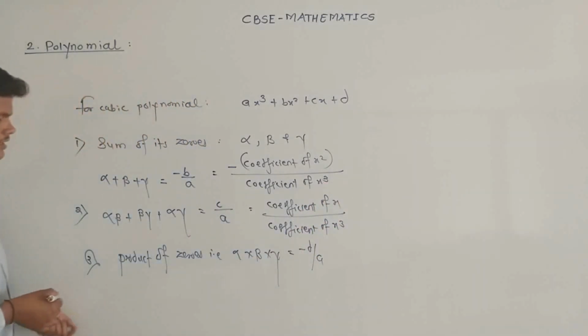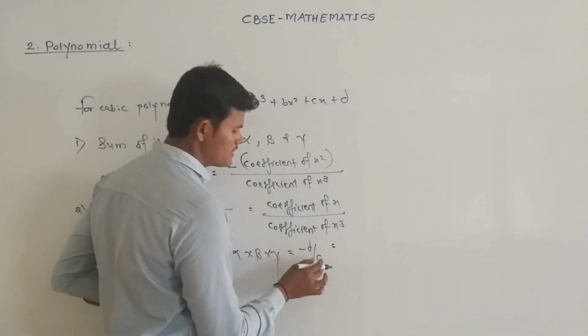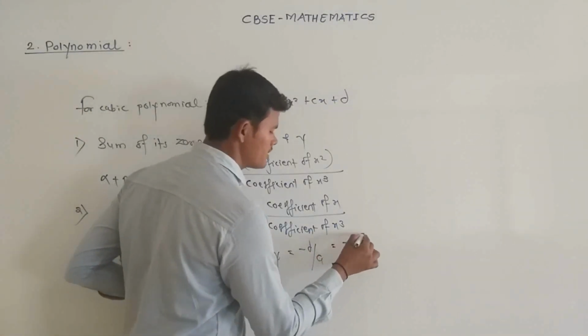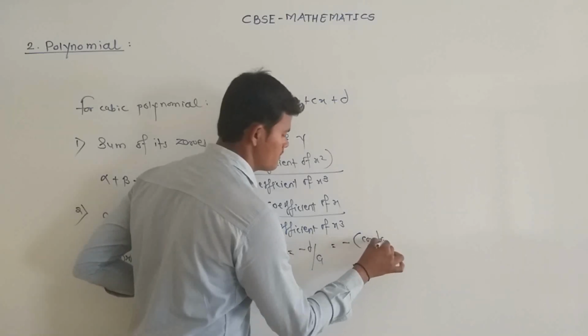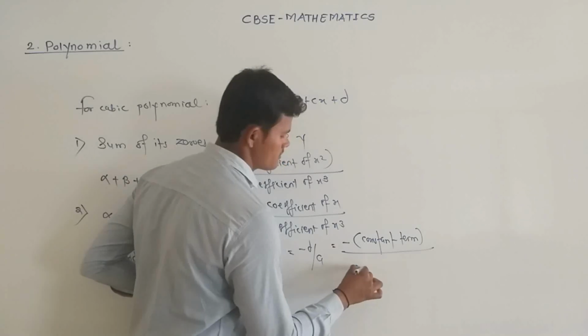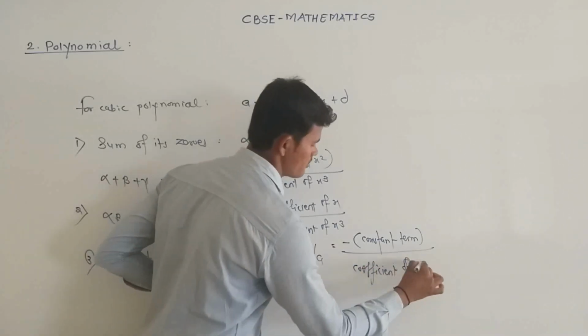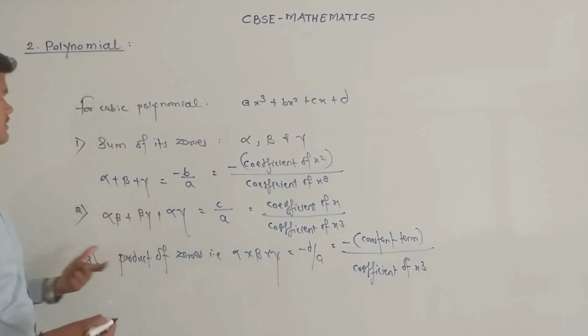And the last relation is the product of zeros, which is minus d by a, where minus d is the constant term, divided by the coefficient of x cube. So remember these three relationships for the cubic polynomial.